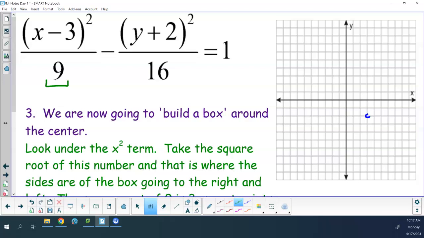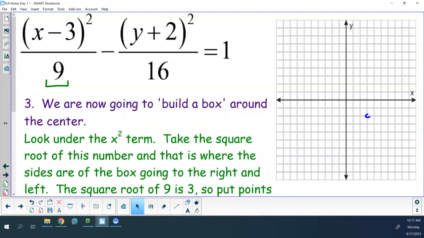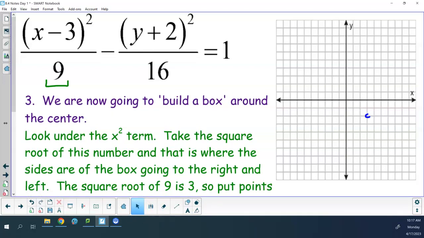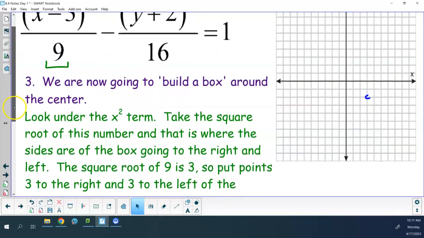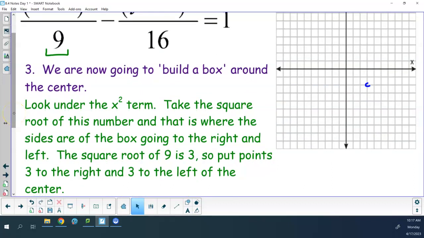We're going to take the square root of that number, and that's where the sides of the box are going to go, left and right. So in this case, square root of 9 is 3. So we are going to put sides up on our box, 3 to the left, 1, 2, and 3. 3 to the right, 1, 2, and 3. Right now I can only put the sides just there, because I haven't figured out how far up and down my box goes yet.